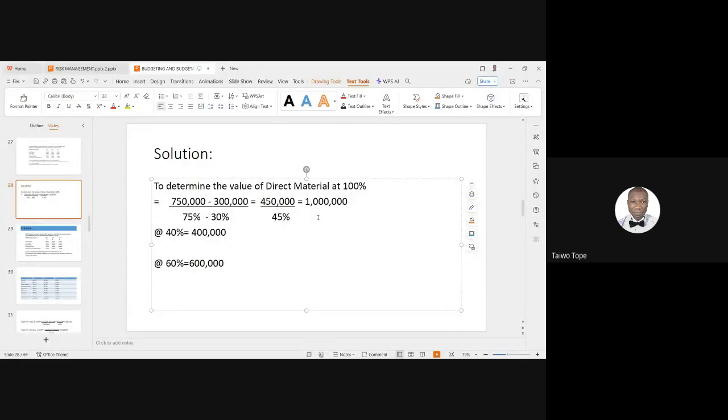At 90%, it will be 900,000. Fine. Any problem with this? Any question about this?